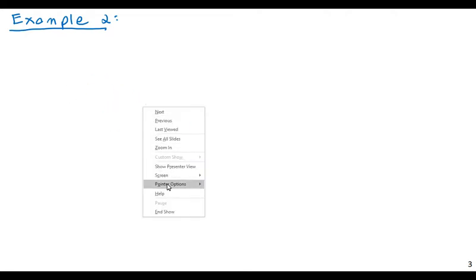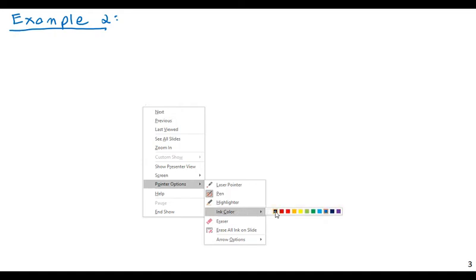Another example. Okay. Now, I want to model the flow in a pipe.